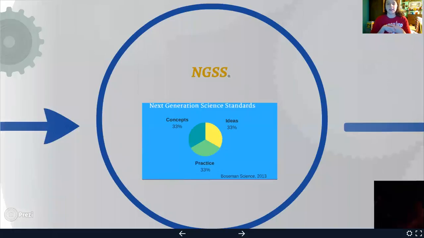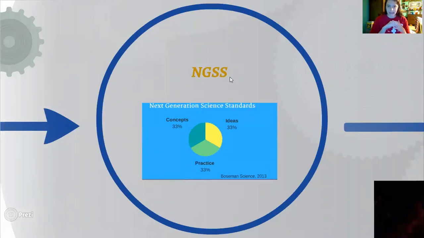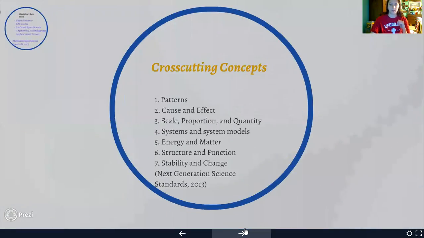And then here is the NGSS graph that I copied from Bozeman's science video. He is simply sharing that concepts, ideas, and practice should not be in an unequal group. They're all equal, and there should not be more concepts or lessons than there is practice, or ideas than there is practice. They all fall equal.